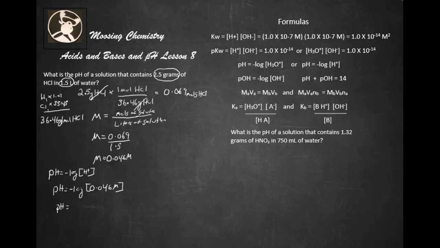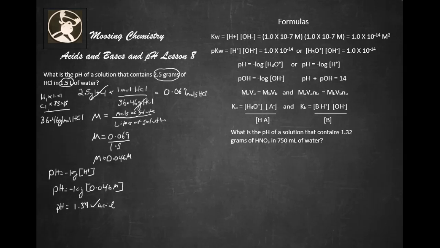We take negative log 0.046, which equals 1.33. So our pH is going to be 1.34 when you round it off. So that is definitely an acid.